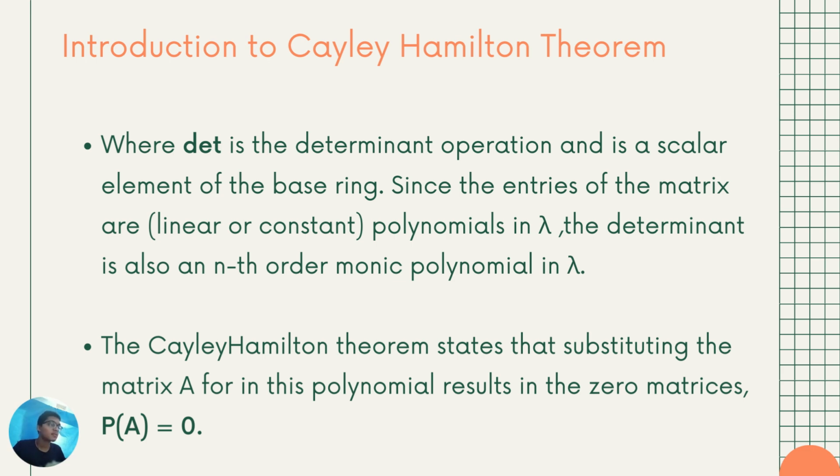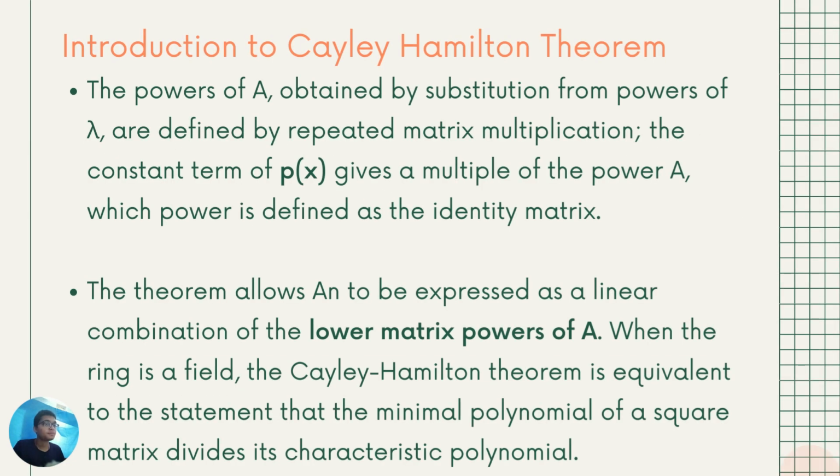Essentially, it says that lambda can be equal to A, and p(A), the characteristic polynomial, is equal to 0 when you substitute A in place of lambda. The powers of A, obtained by substitution from powers of lambda, are defined by repeated matrix multiplication.